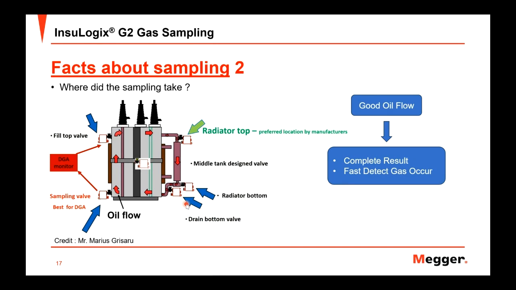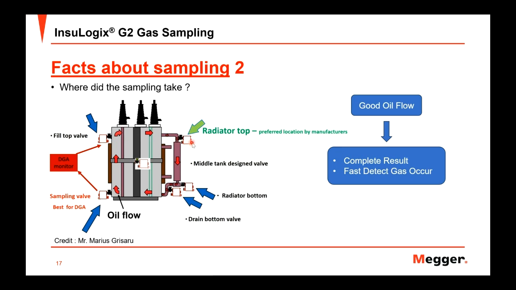I can separate into four positions. First is the top oil, far from the heat exchanger. This is the heat exchanger or the oil cooler here. If you do the sampling here, you get quite a good result.